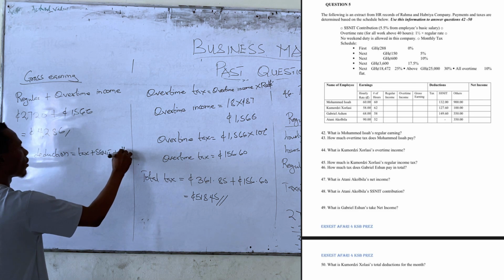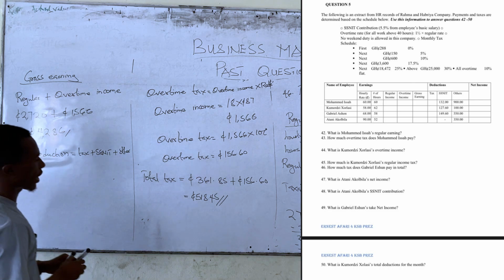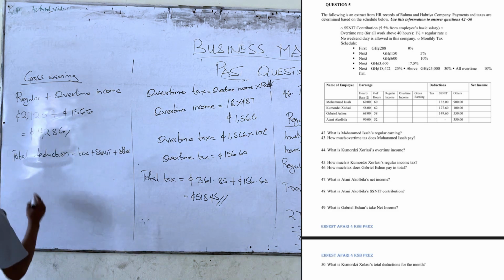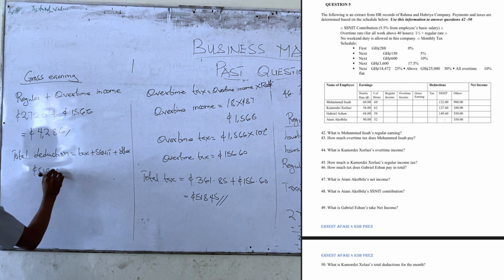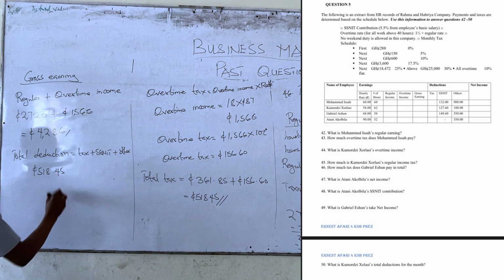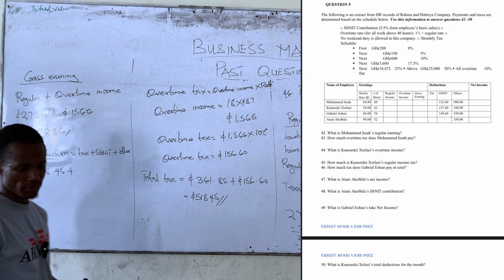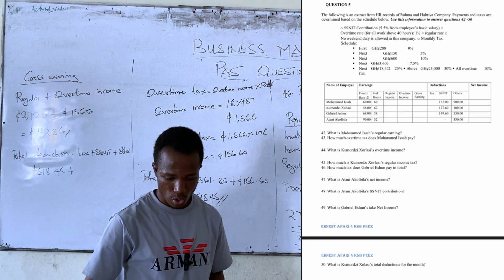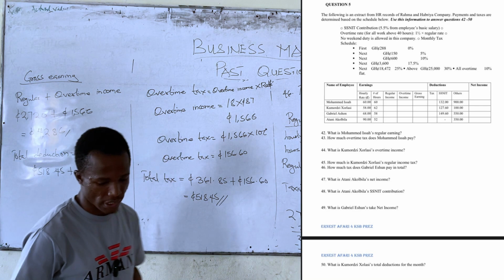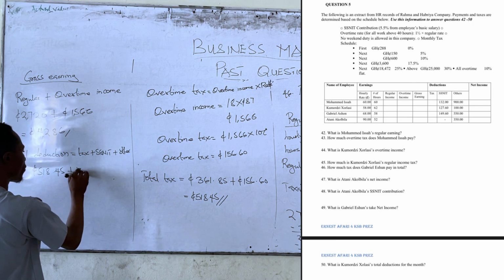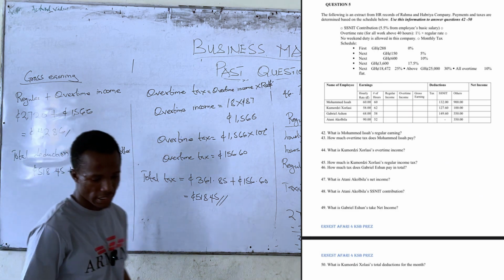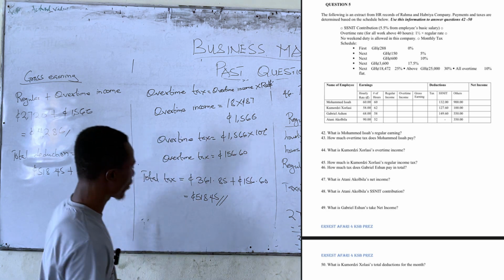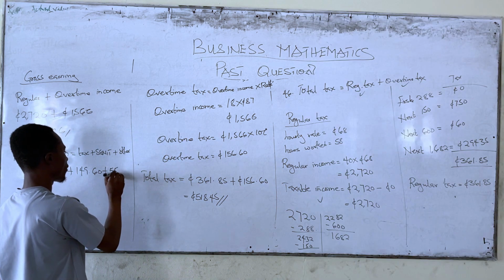plus others. Now we have the total tax to be 518.45, right? Plus the SNET from the question or the table. Gabriel's SNET is 149.60, plus the others for Gabriel is what? 550.